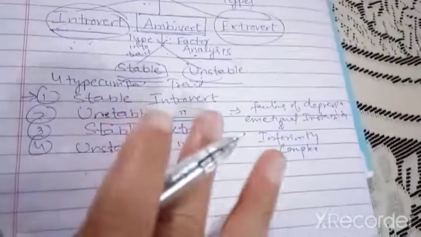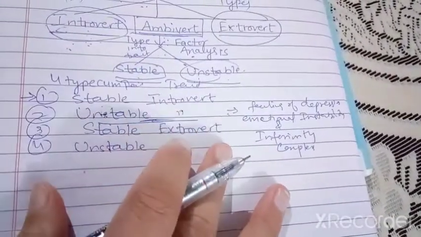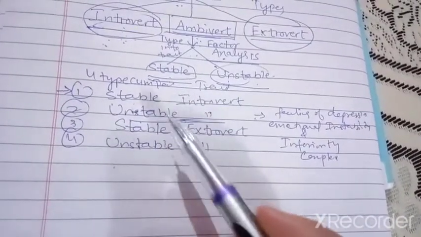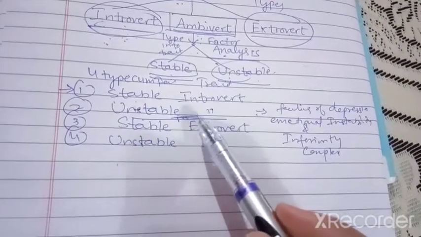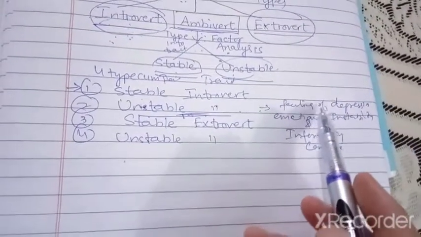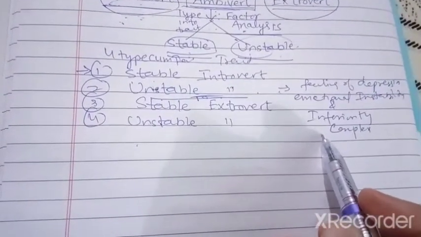So when you are not stable in your life, then definitely you are going to develop some kind of symptoms in your mind. So according to Eysenck, if XYZ person is an unstable introvert, then he can develop some kinds of feelings of depression, emotional instability, and inferiority complex.